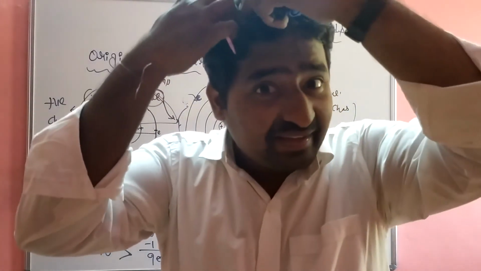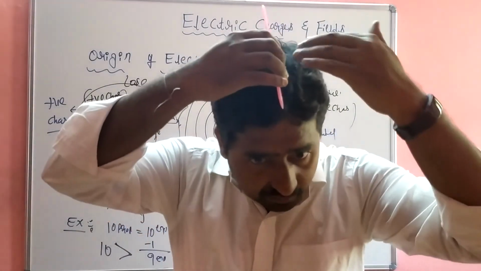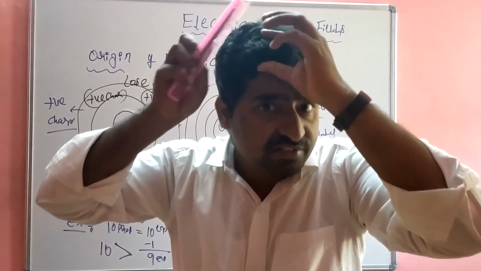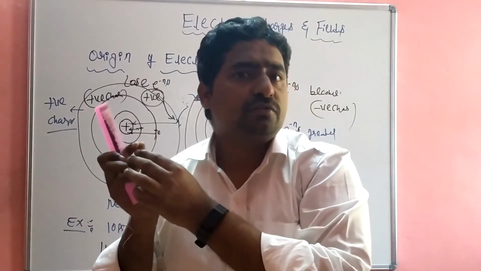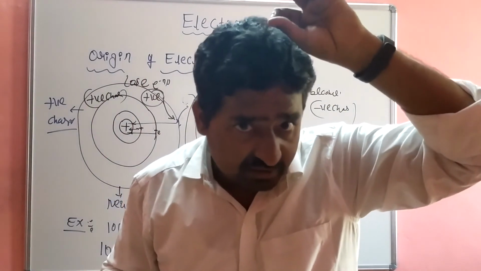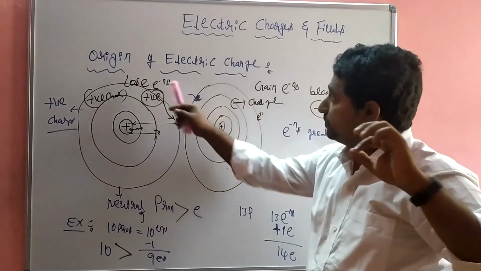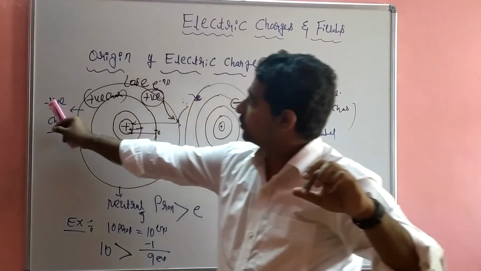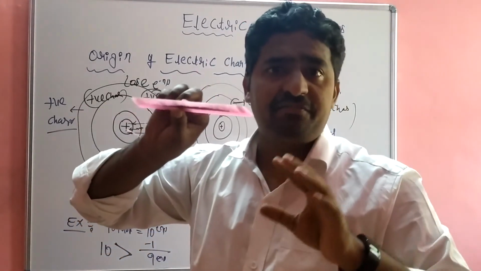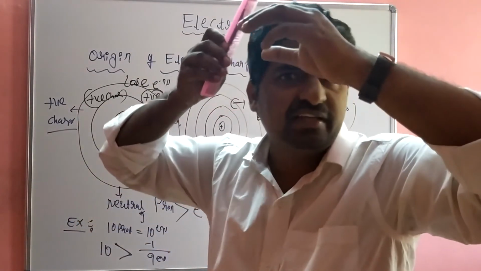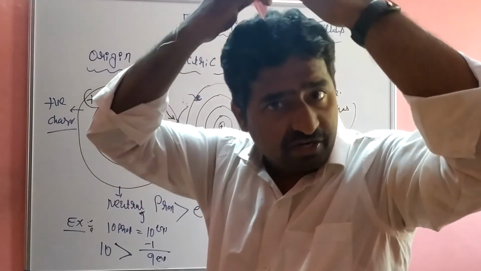The dry hair has its own property to lose the electrons, so it becomes positively charged. The plastic cup gains the electron when they are rubbed with each other.